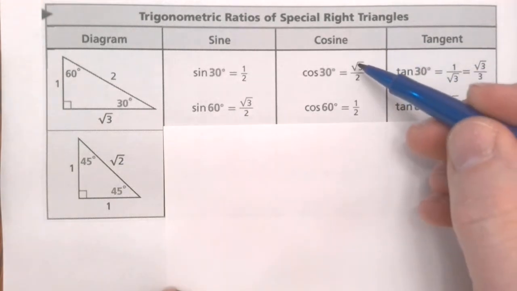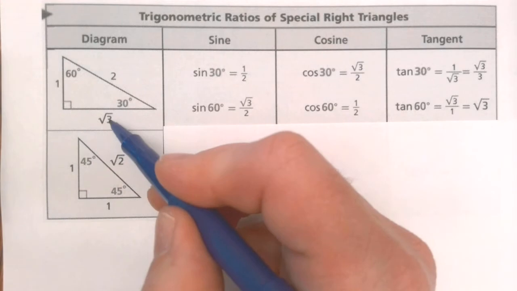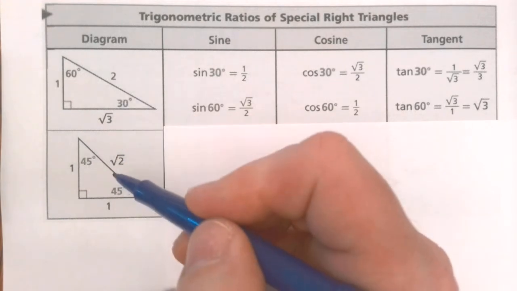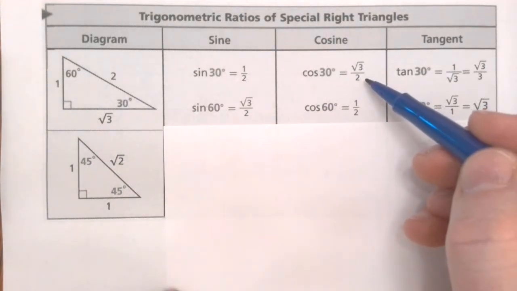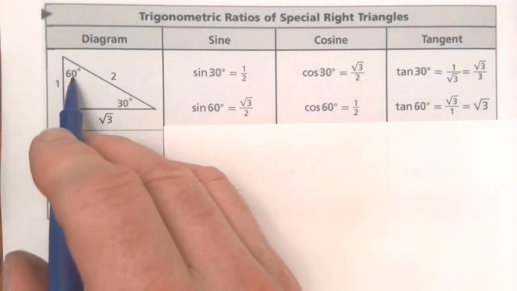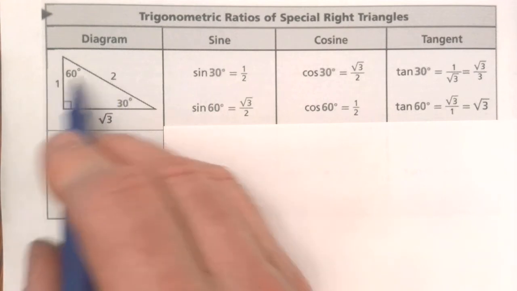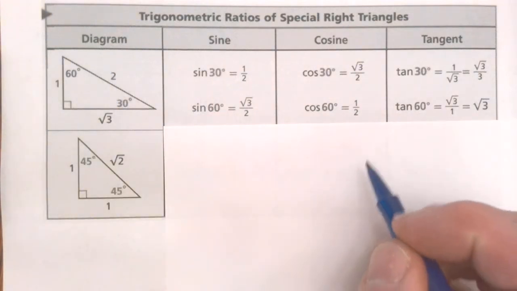Similarly, the cosine of a 30 degree angle would be adjacent over hypotenuse, which would be the square root of 3 over 2, and the cosine of a 60 degree angle, looking at our 60 degree angle here, adjacent over hypotenuse would be 1/2.